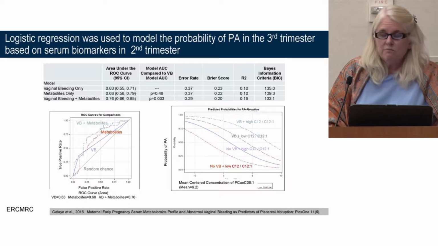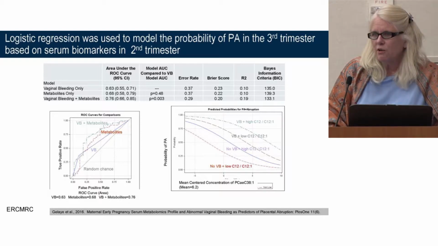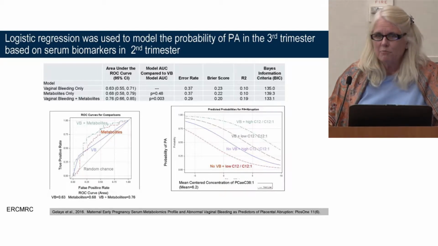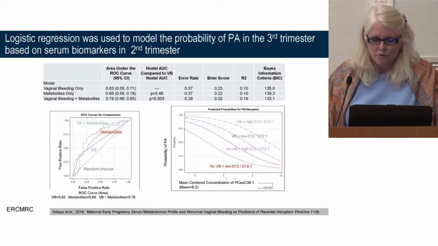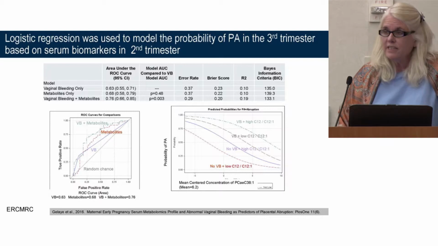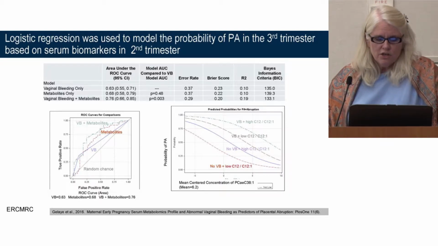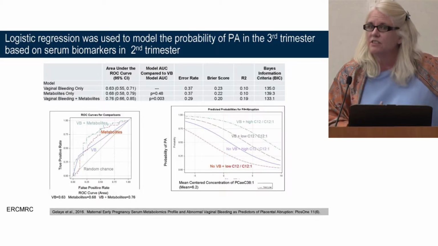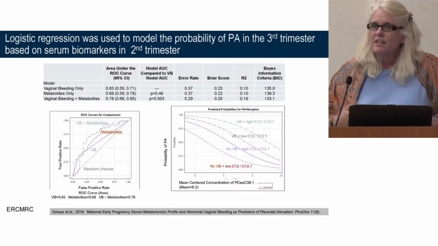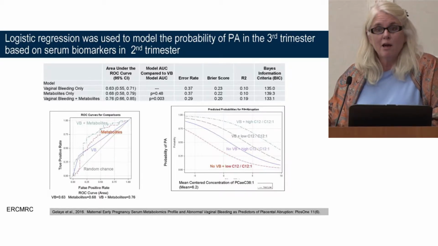And the gold standard right now for placental abruption is vaginal bleeding, but that doesn't occur until you already have that pregnancy complication and it's a little late, right? And it's not really telling us about mechanism, it's telling us that there's a problem. But we looked and we could see that our metabolites could predict more or about an equal number of cases before any complications in the second trimester serum than vaginal bleeding could, which happened much later.